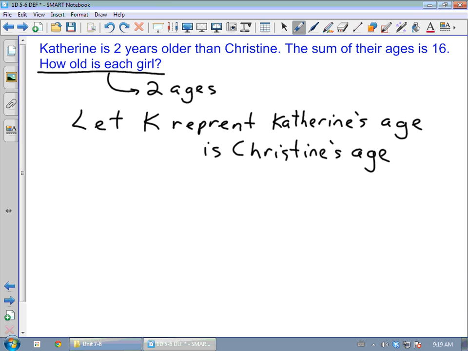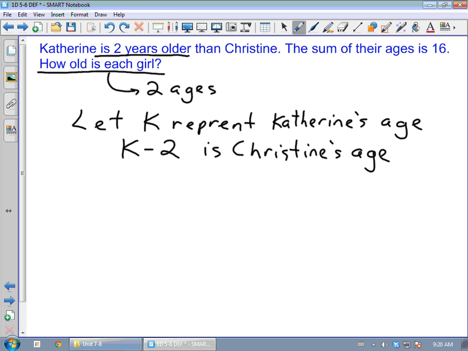Okay. Well, there are two ways. We're told that Catherine is 2 years older than Christine. So if K is Catherine's age and she is 2 years older than Christine, what does Christine's age have to be? Dante? K minus 2. Right, because Christine is younger. Okay, so her age has to be smaller.